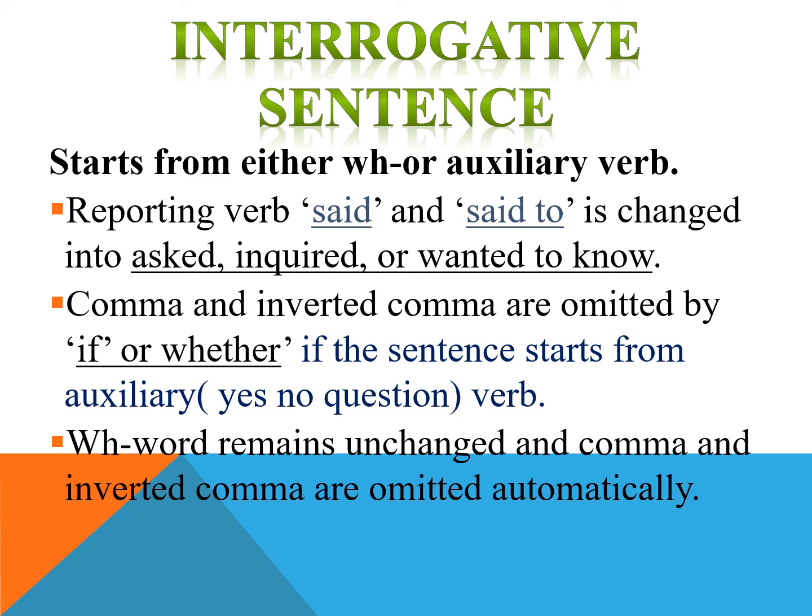Comma and inverted commas are omitted and replaced by if or whether. If the sentence starts from an auxiliary verb, it is a yes/no question. The WH word remains unchanged, and the comma and inverted commas are omitted automatically.